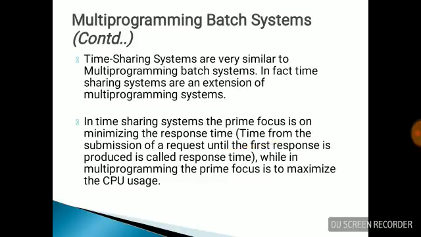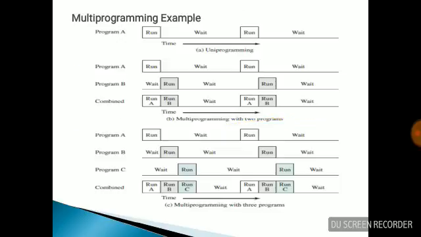But in multi-programming, if program 1 is executed by the processor and some part of program 1 is related to I/O, at that time the CPU does not sit idle. It can give a chance to another program. So the main advantage of a multi-programming system is that there is very little idle time of the processor and the processor is utilized very well.